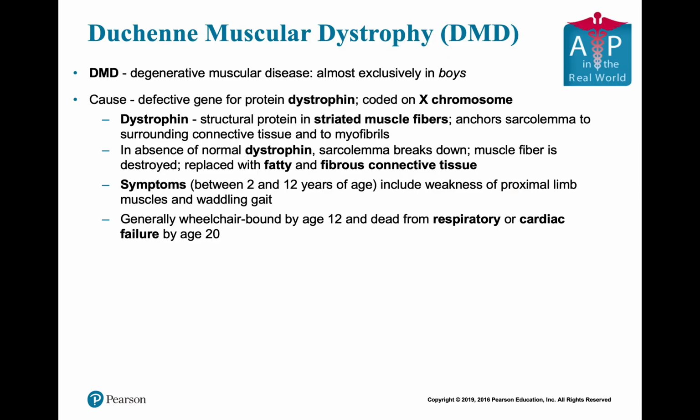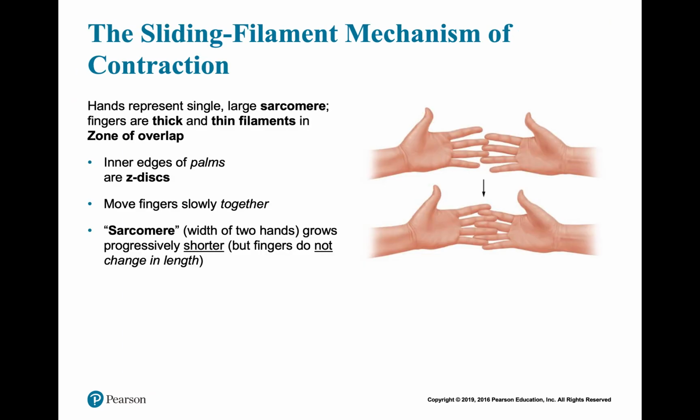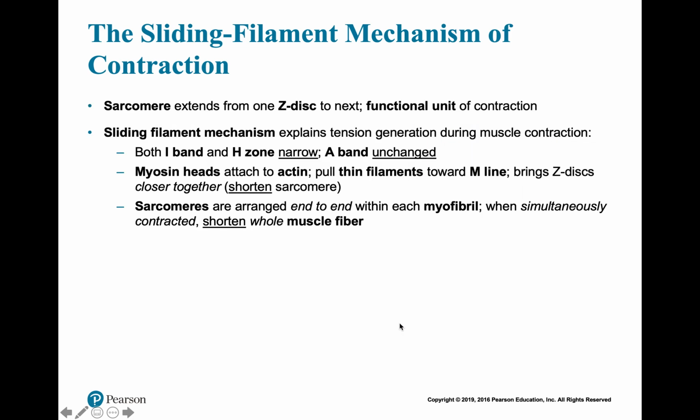That's all important. Okay. And then this is that sliding filament mechanism or sliding filament theory that I talked about earlier. This is just a concept boost that shows you with fingers so you can envision. This is pretty much what a sarcomere does, is that these actin filaments just slide past myosin in towards the M line.